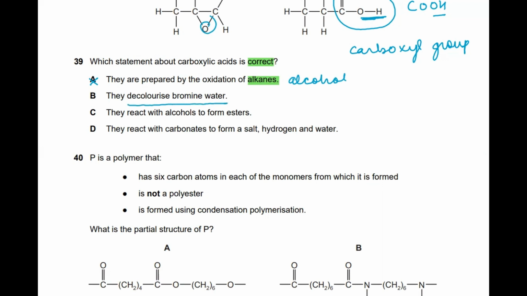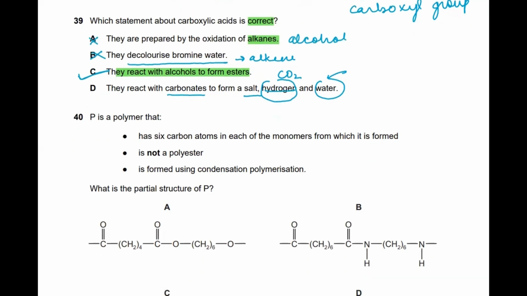No, the carboxylic acid will not decolorize it. That's the reaction of an alkene. C, they react with an alcohol to form an ester. Yes, definitely alcohol and carboxylic acid combine to form an ester. So C is correct. They react with the carbonate to form salt, water, and carbon dioxide. Water and carbon dioxide, not hydrogen. So that's why D is incorrect.